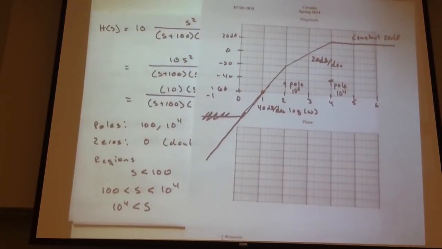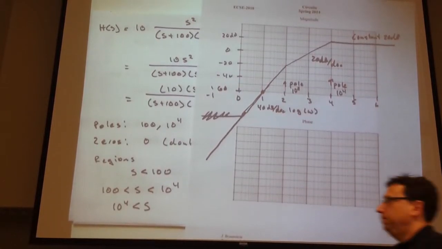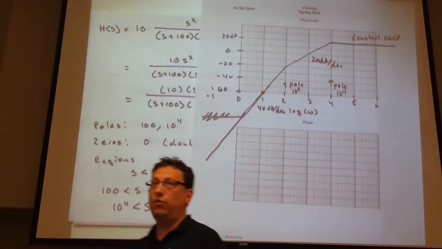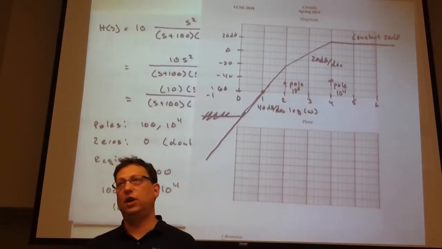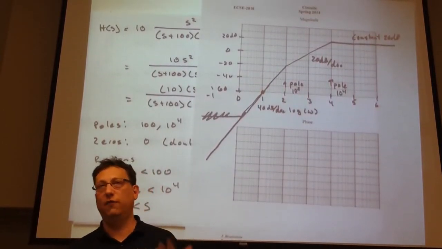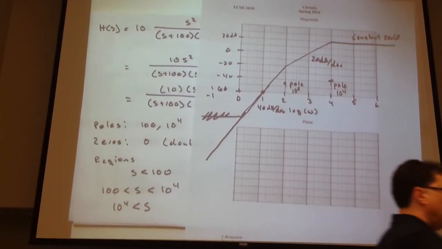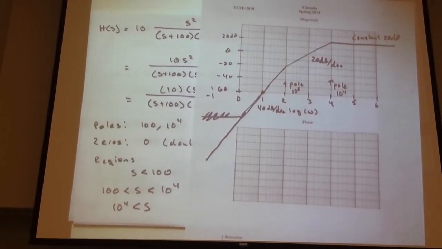So if we have a 0 at 0, our low frequency slope, if we have a single 0, is plus 20 dB. If we have a double 0 at 0, it's plus 40 onward. If we have a triple 0 at 0, plus 60 dB. On the same token, if we had a pole at 0, what would that mean our starting slope would be?